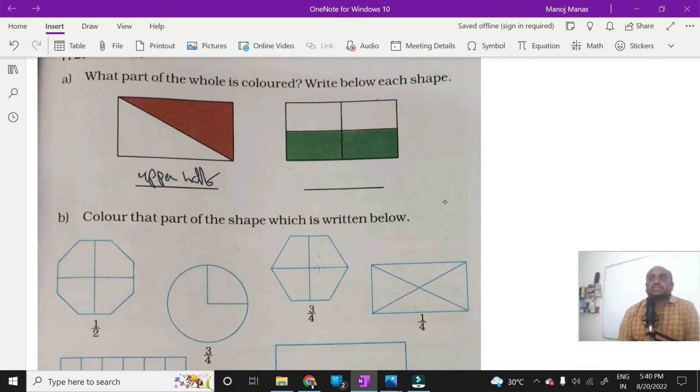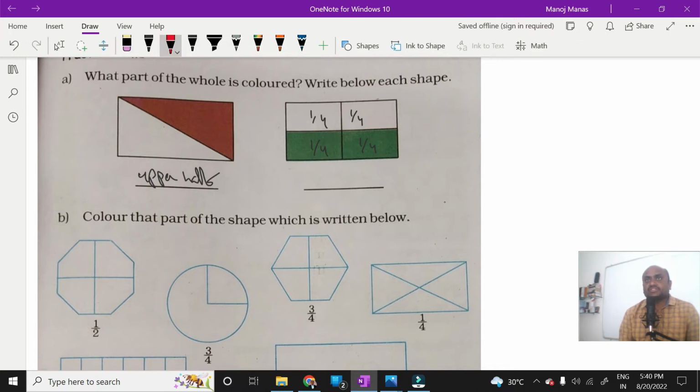And here, which part of the whole is colored? Actually it is divided into four parts. This is 1 by 4, 1 by 4, again this is 1 by 4, and this is 1 by 4. So which part is colored here?